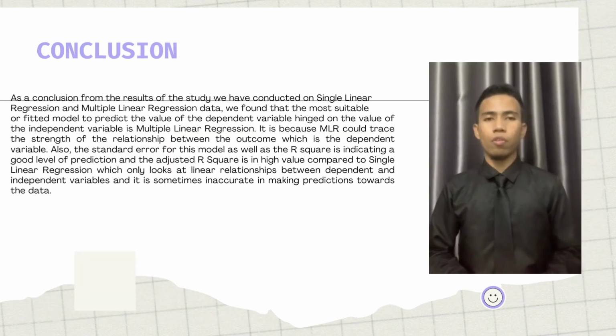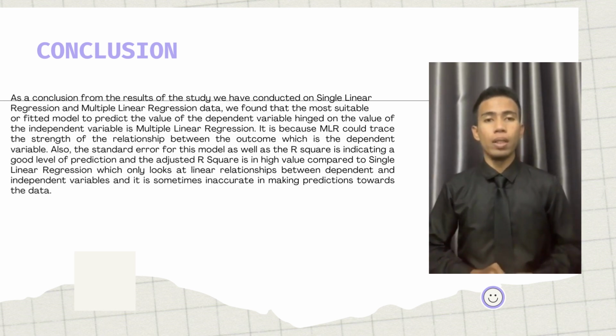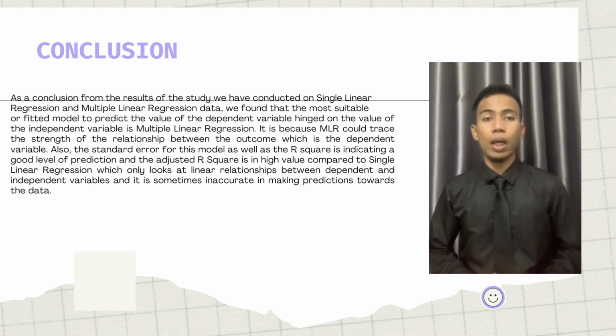As a conclusion from the results of the study we have conducted on single linear regression and multiple linear regression data, we found that the most suitable or fitted model to predict the value of the dependent variable based on the value of the independent variable is multiple linear regression. It is because MLR could trace the strength of the relationship with the outcome, which is the dependent variable.